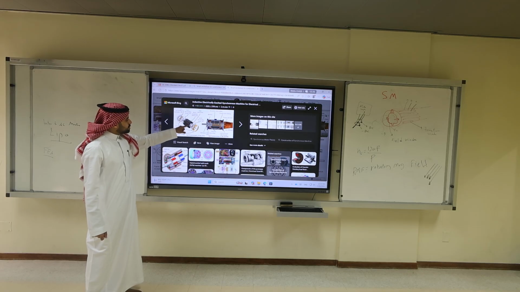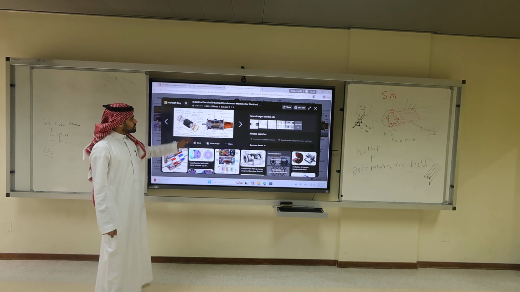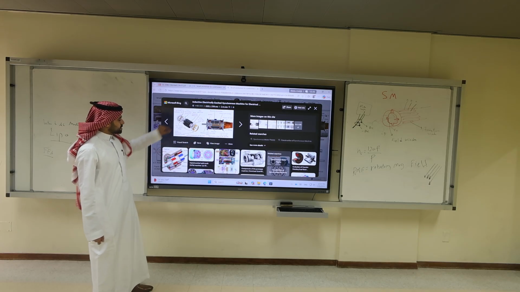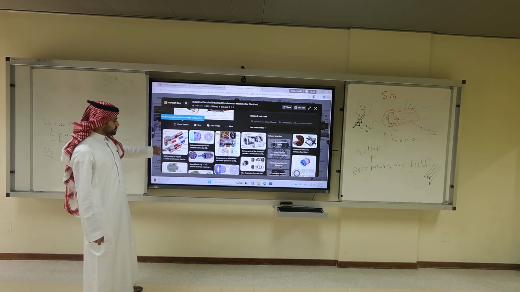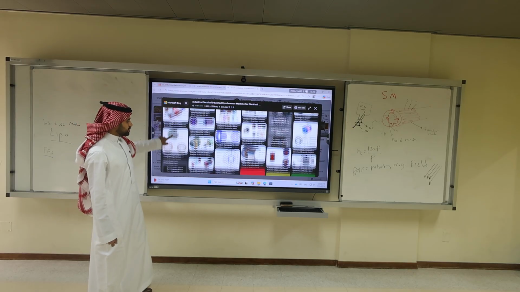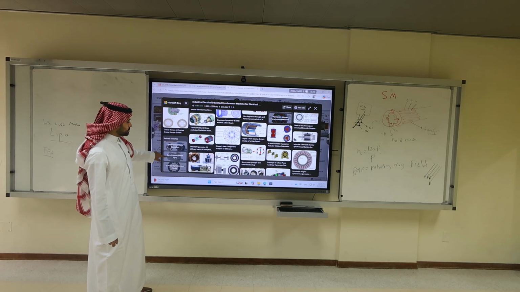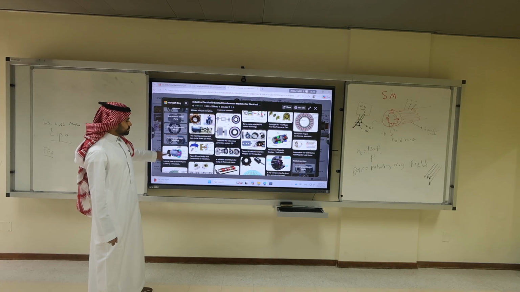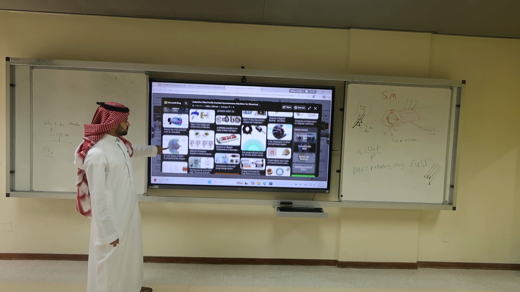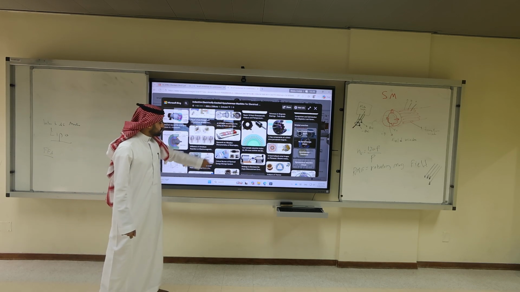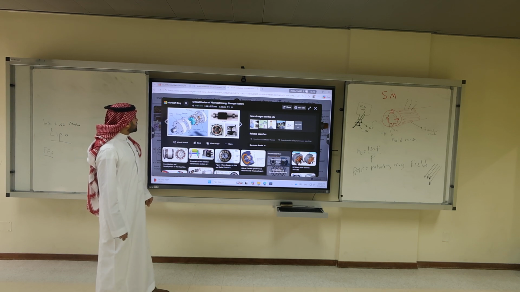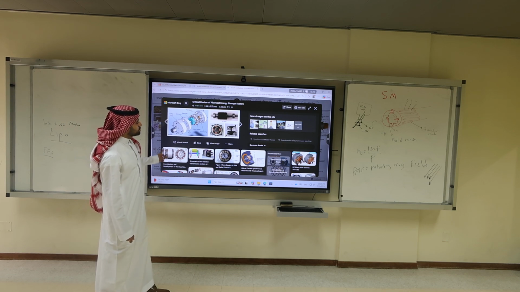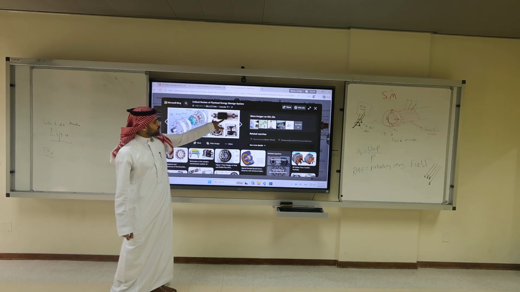This is the rotor, and this is how they are. This is the construction of the rotor. This is how they look. Slip rings. Honestly, this is mechanical engineering, but usually they look like that.